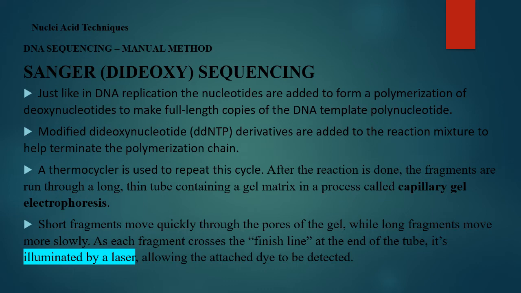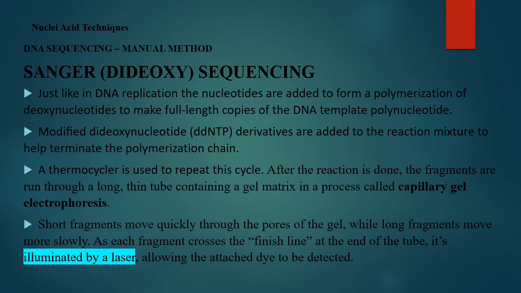Now, short fragments move quickly through the gel, while long fragments move slowly. If you've done electrophoresis, you know that mass and charge matter for the movement of particles, but in this case, mass is key. So the lighter ones move through quickly, while the heavier ones, or the longer fragments, move slowly.